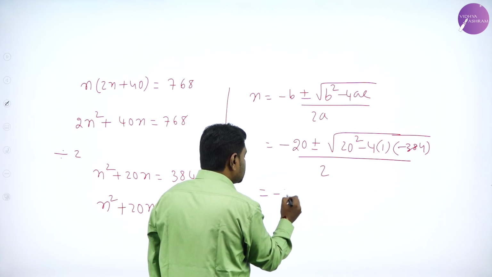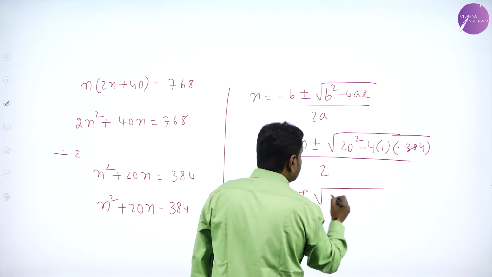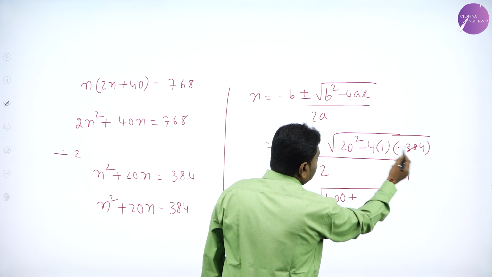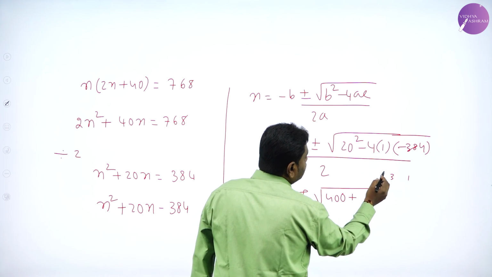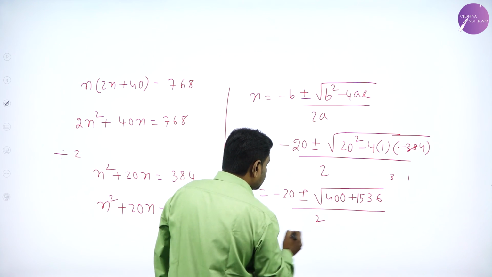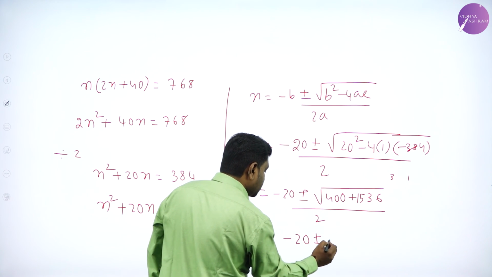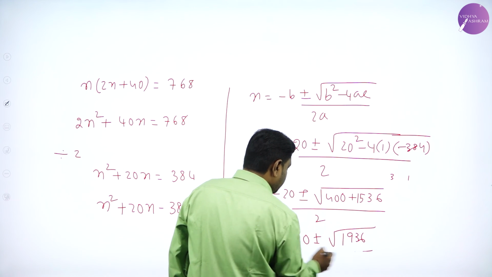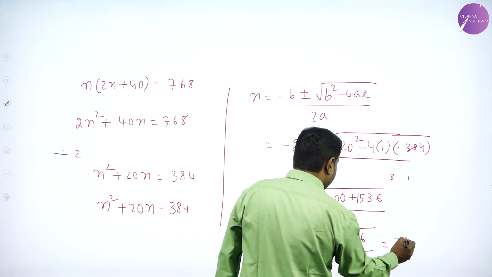2 into 1. So minus 20 plus or minus root of 400 plus 4 into 384, that gives 1536. Add this, it will become 1936 divided by 2. So 1936 is a perfect square.